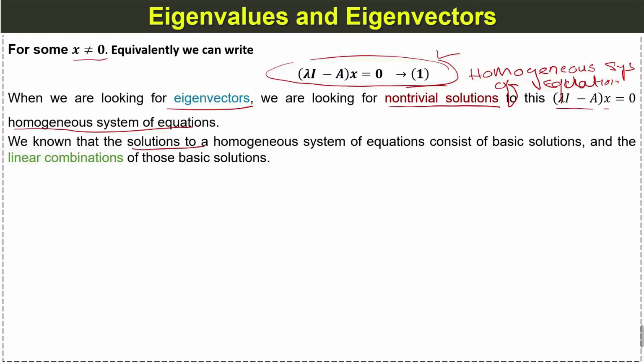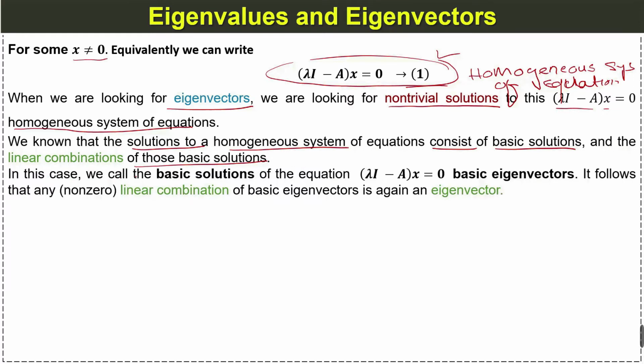We know that the solution to a homogeneous system of equations consists of basic solutions and the linear combinations of those basic solutions. Okay, so in this case, we call the basic solutions of the homogeneous equation the basic eigenvectors. It follows that any non-zero linear combination of basic eigenvectors is again an eigenvector.